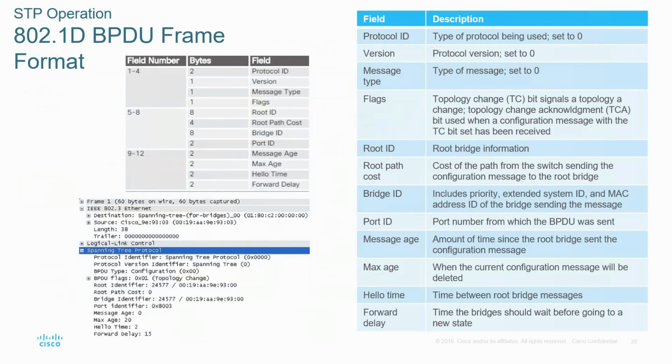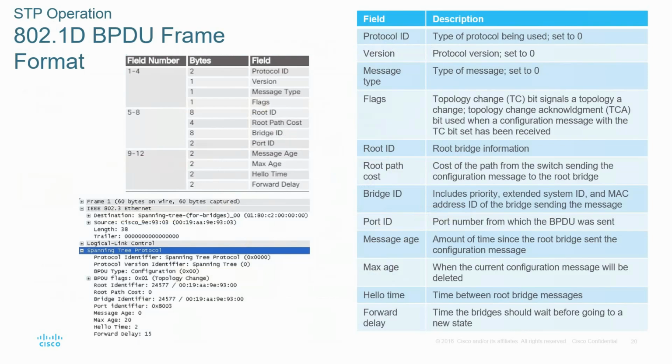For example, you can set a flag to tell the switch that a change in the topology has been detected, so that it can prep them to change a port from the blocked state to the listening state. By default, the protocol ID, the version field, and the message type are all set to 0. This is in 802.1D. In later versions of the protocol, they are set to different values.